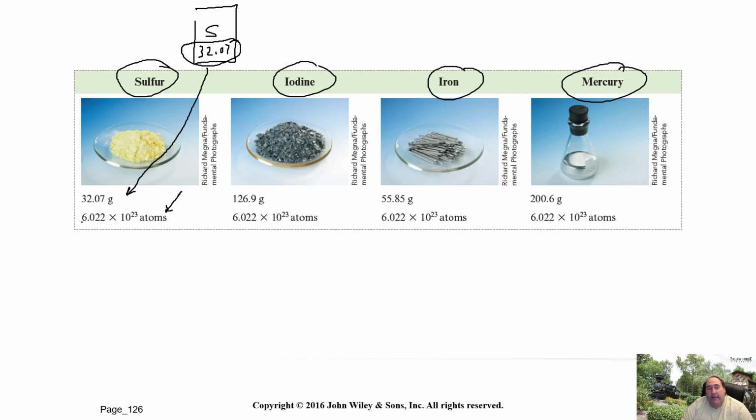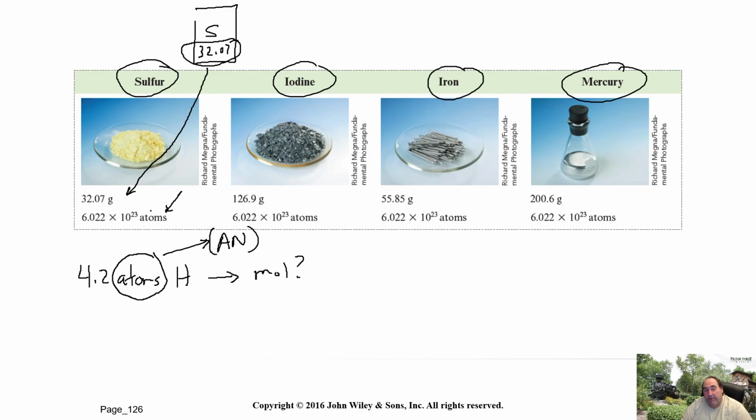So once again, if we had, say, our hydrogen, if we had 4.2 atoms of hydrogen, and we wanted to know how many moles that was. The key when we look at this problem is I see atoms, and that is the trigger to know I need to use Avogadro's number, right?